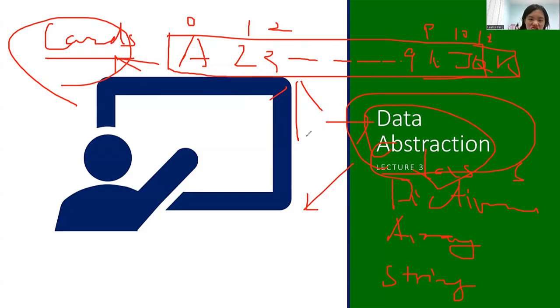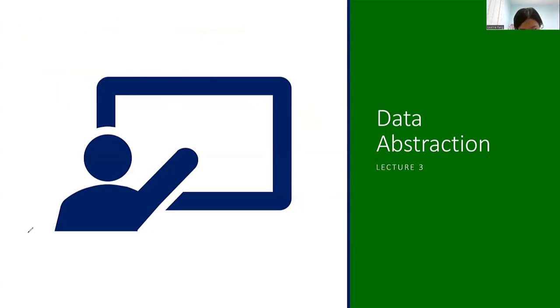So data abstraction means that you use an array, or a class, or a dictionary in Python, and a class or object in JavaScript. Then you wrap up the data into an object or an array. So we call it data abstraction.